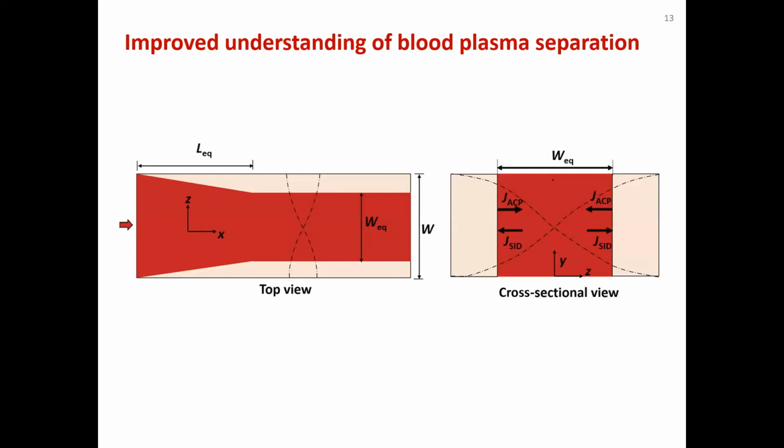And from a design and operation point of view, one is interested in basically two things in a blood plasma separation device. One is how much you are able to focus the dense suspension to, meaning the width of the focused stream, and at what distance from the inlet you actually achieve this equilibrium width.